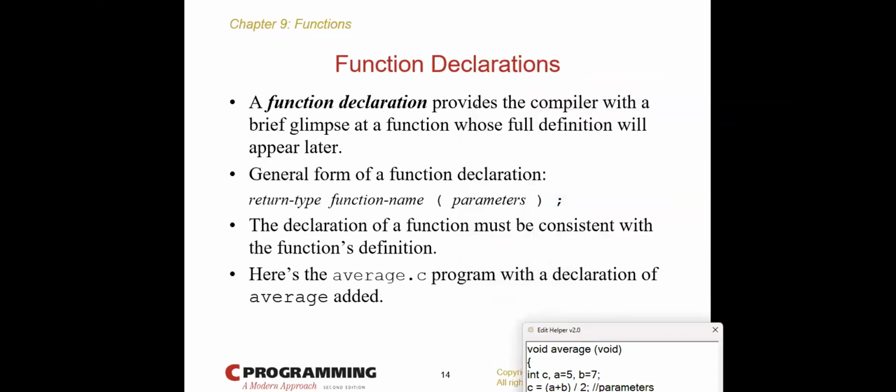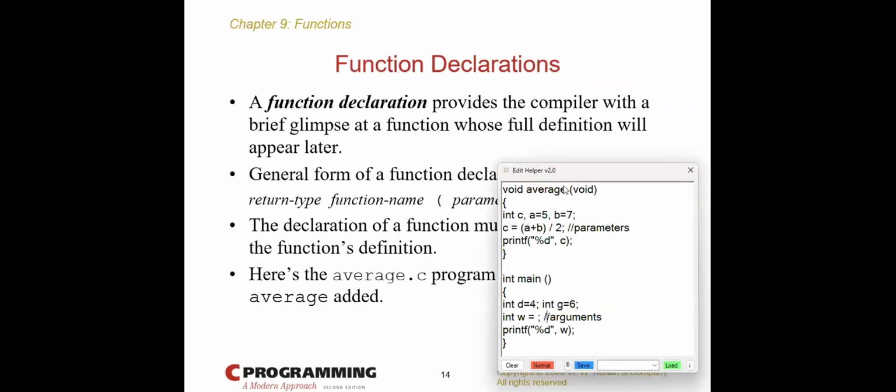A function declaration provides the compiler with a brief glimpse at a function whose definition will appear later. Now if you look at the example we wrote here, we wrote the function up before writing the main. This is nice. In this case, it will be easy for the compiler to handle it.